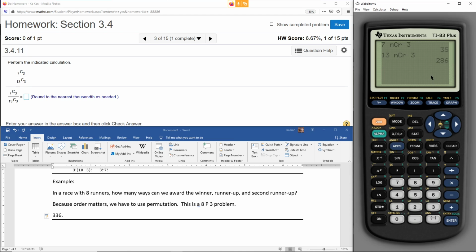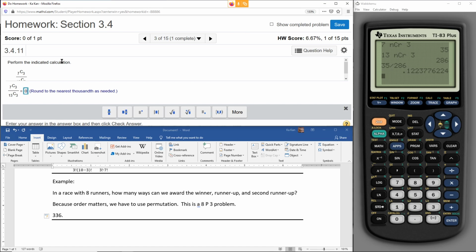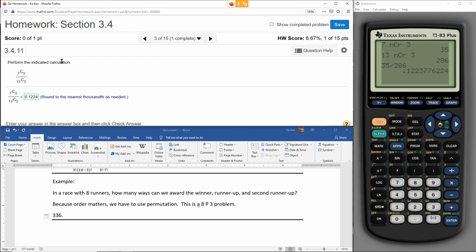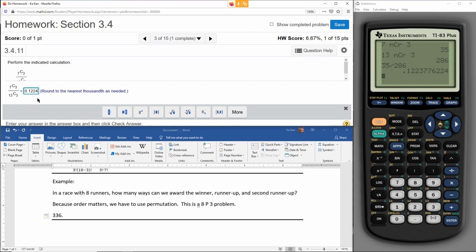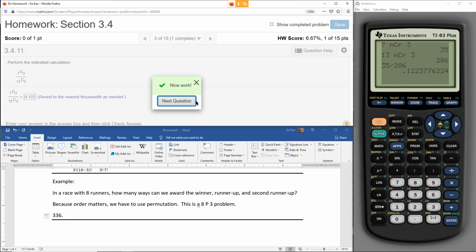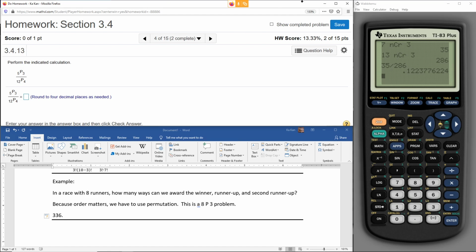And you can just put in the calculator, 35 divided by 286, and I have 0.1224. Oh, to 3 decimal places, my bad. So that'll be 0.122. So pretty easy if you know. Same thing, just use a calculator.